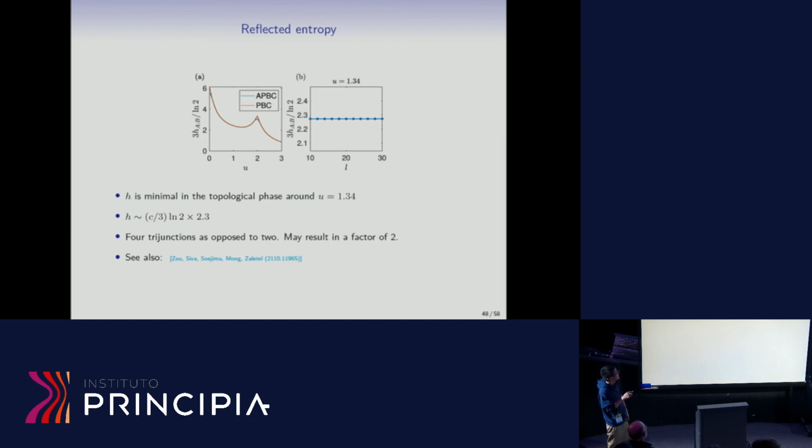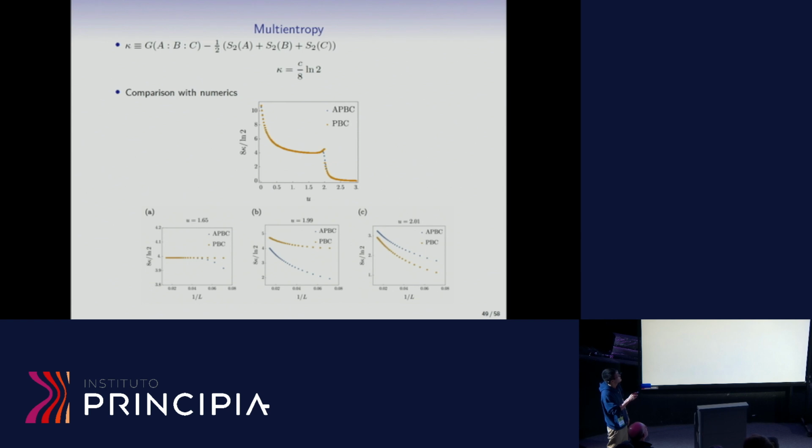Okay? And there are similar results, or even better results. But anyway, this is a result, and there are similar results for the multi-entropy. So once again, multi-entropy changes like this, and there's a small peak near the phase transition point. If you pick a particular point deep inside the topological region, this kappa quantity is almost constant as a function of the sizes.